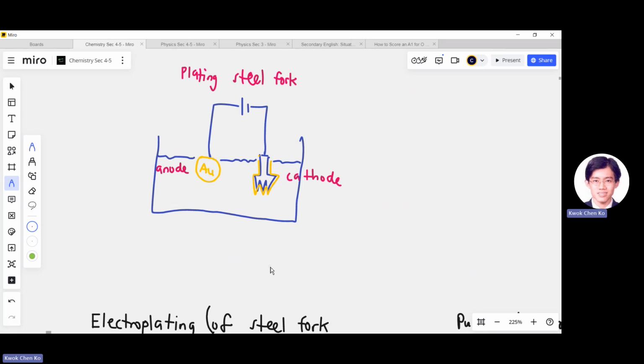Please don't try to plate a plastic fork. It doesn't work. It has to be a conductor, usually a steel fork with gold. But there's one more requirement. What's the last requirement for this to work properly? You need a solution of gold ions.